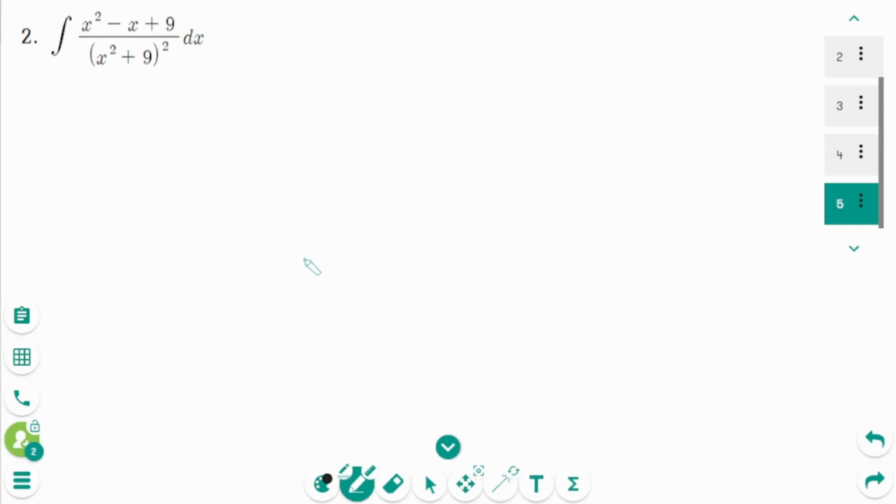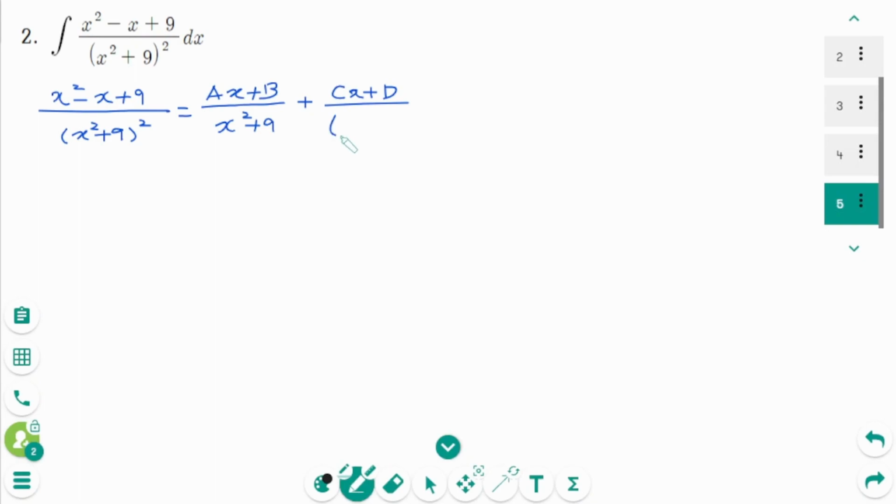Question 2. The denominator contains irreducible quadratic factors which are repeated. Include one partial fraction for each power of x squared plus 9 and write x squared minus x plus 9 over x squared plus 9 squared equals ax plus b over x squared plus 9 plus cx plus d over x squared plus 9 squared.